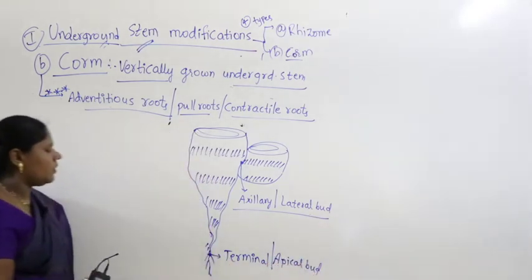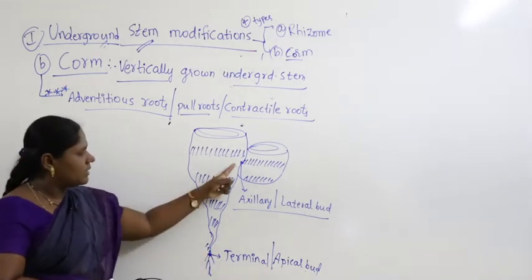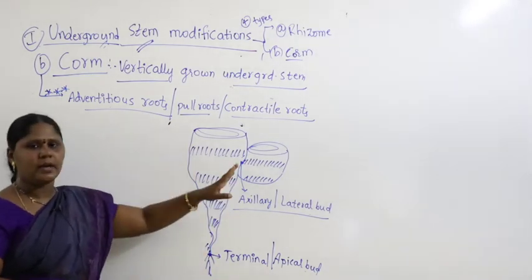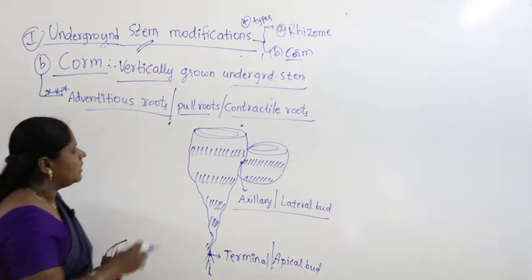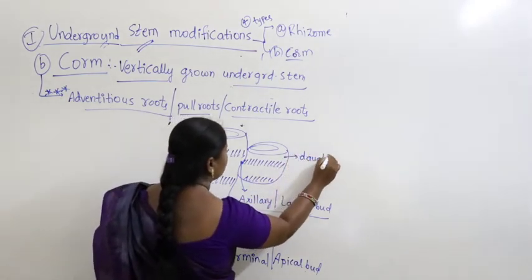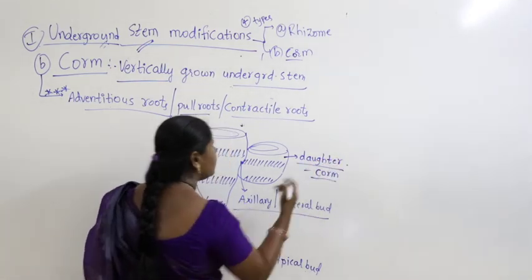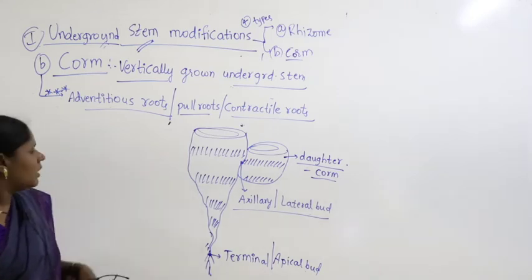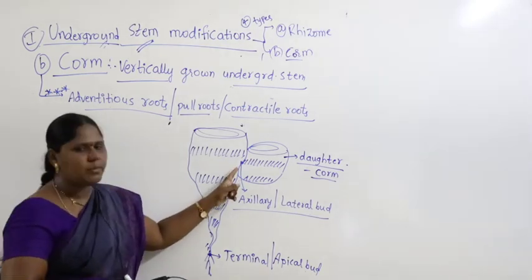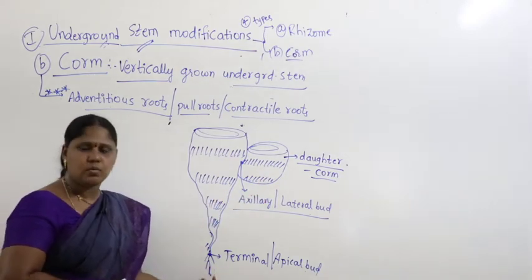Alright. So here this is the terminal or apical bud. Axillary bud, lateral bud elongates and forms what is called a daughter corm. What is produced here is called a daughter corm. What is the meaning of daughter corm here? In this case, the axillary bud, lateral bud grows laterally.